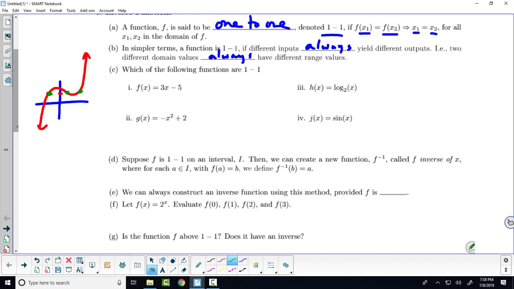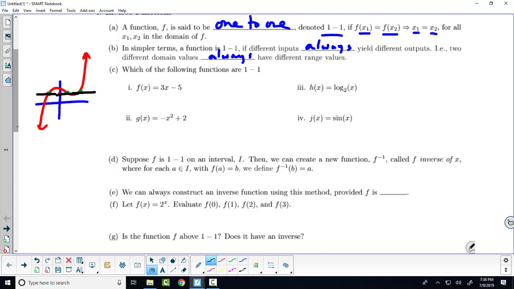So graphically, it's very easy to identify non-1-to-1 functions. Non-1-to-1 functions fail the horizontal line test, meaning a horizontal line intersects the function in some places more than once. And sure enough, if I were to draw a horizontal line through part of this function, I intersect the function more than once.